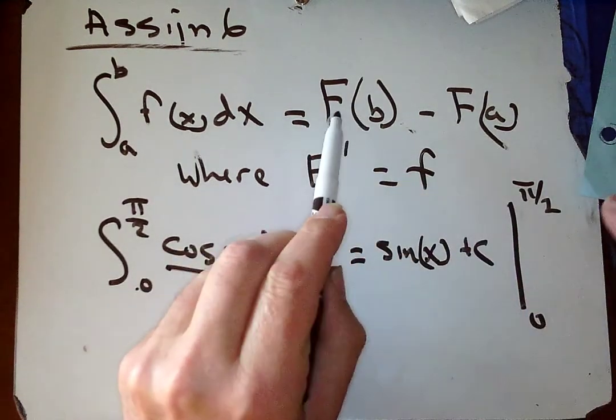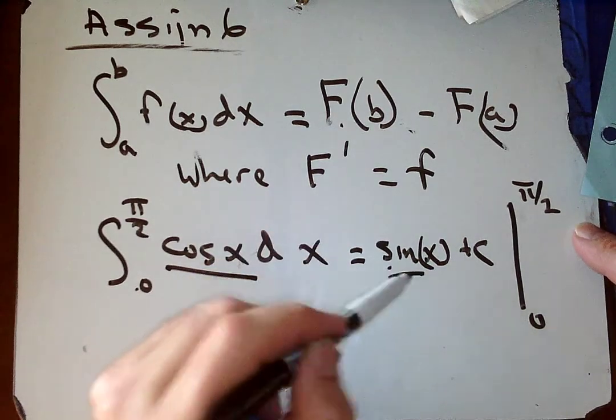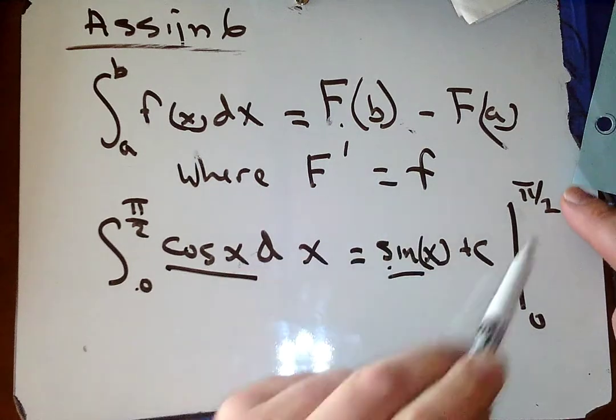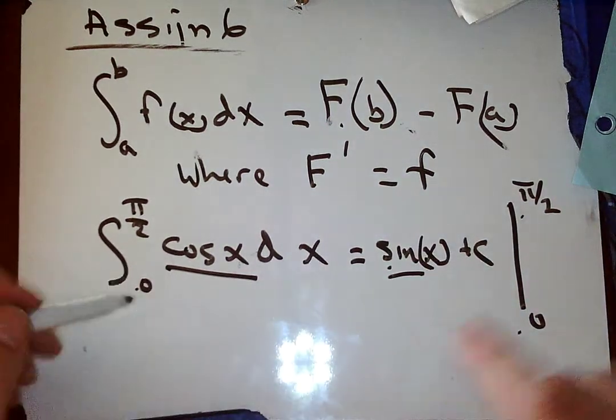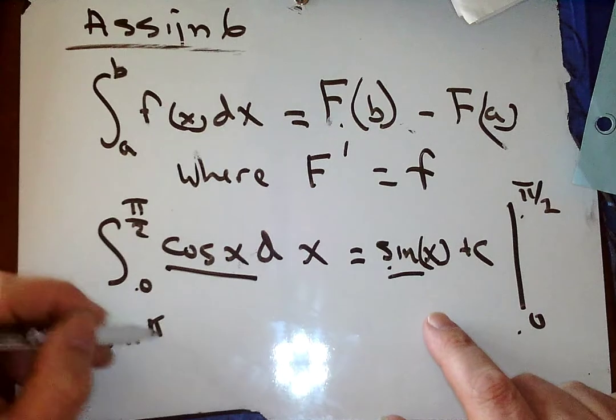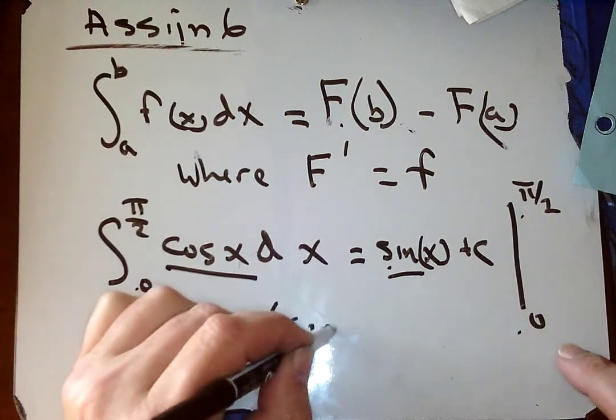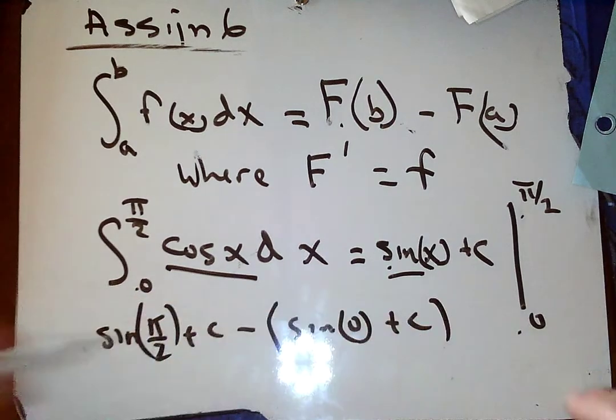Remember, we want to evaluate the antiderivative. This is big F, the antiderivative, at both this place and this place. So I've got sine of pi over 2 plus c minus sine of 0 plus c.